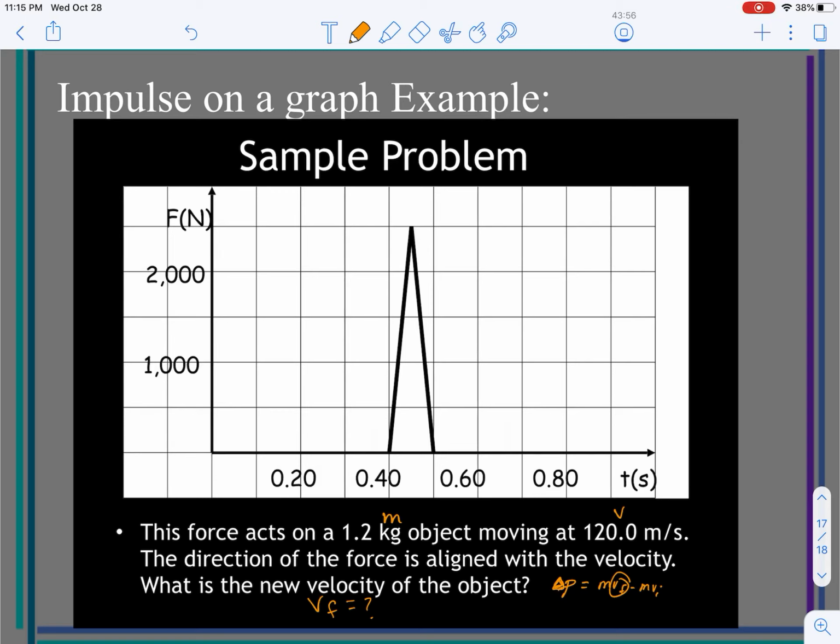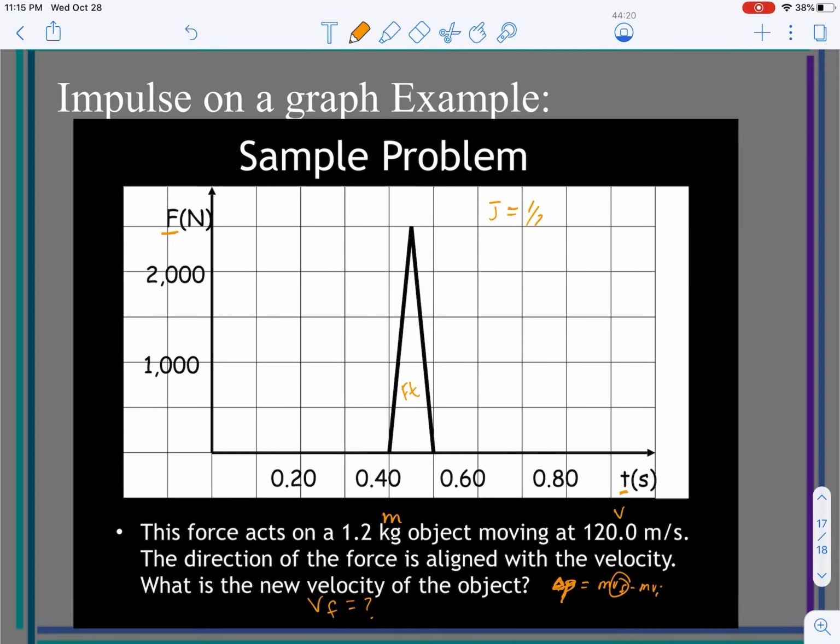I don't have a value for my change in momentum or my impulse here on the left, so I'm going to find that. The way that I'm going to find that is I'm going to look at this graph and see that my units are force and time. So if I simply find the area under this slope, that is going to give me my impulse.